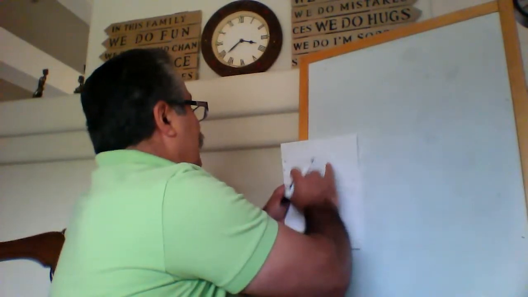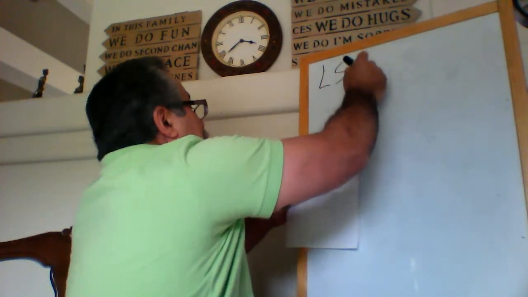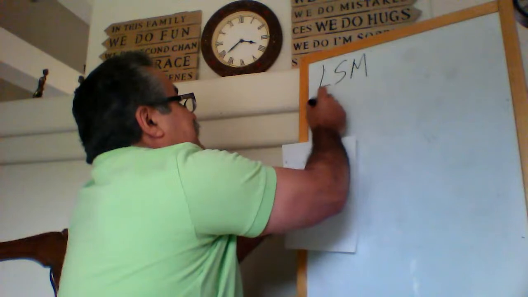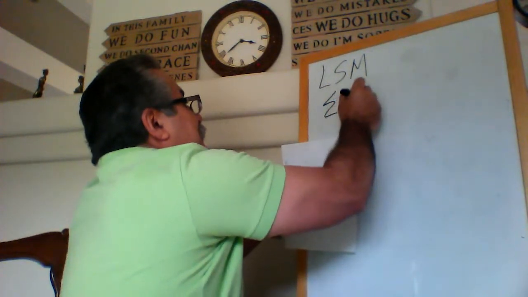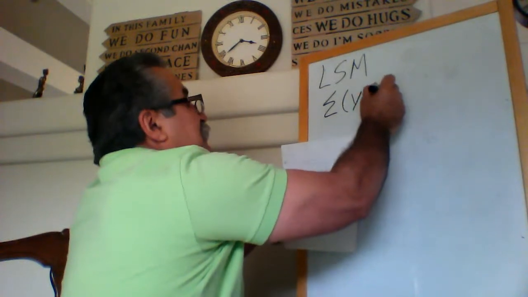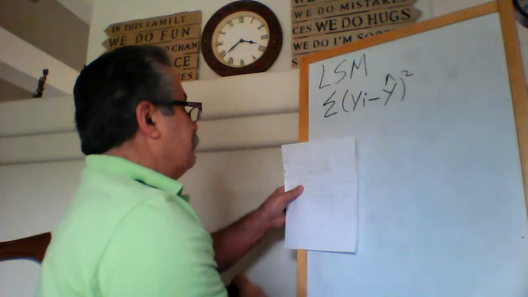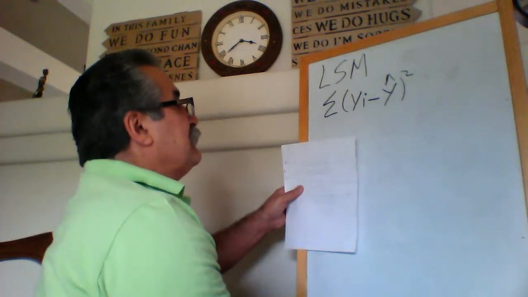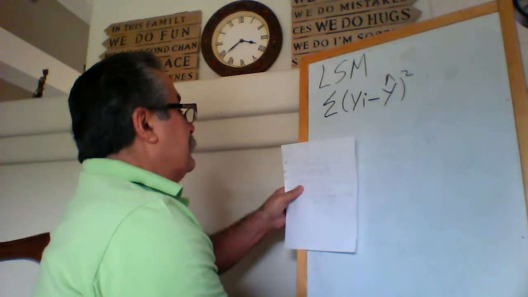The first formula of the least square method is as such: sigma of yi minus y hat squared. Okay?